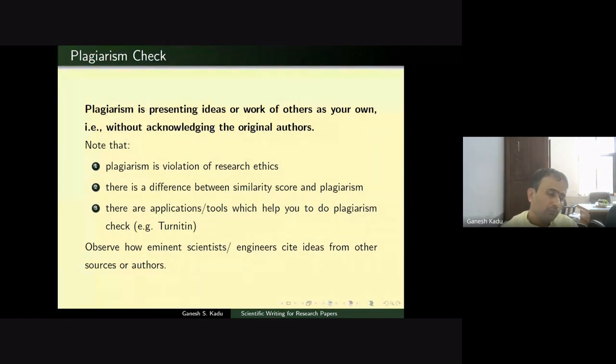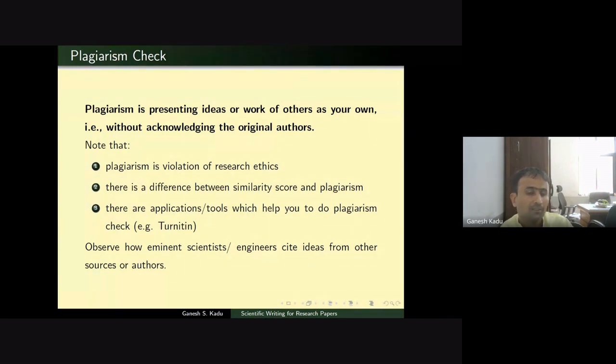And if my university takes note of this, then I may be punished by my university for violating these basic norms, because if you're involved in plagiarism, that will bring a bad name to your institute naturally, and there are of course other consequences.